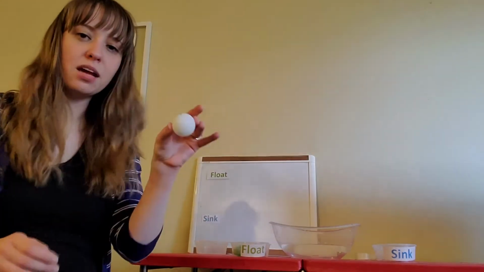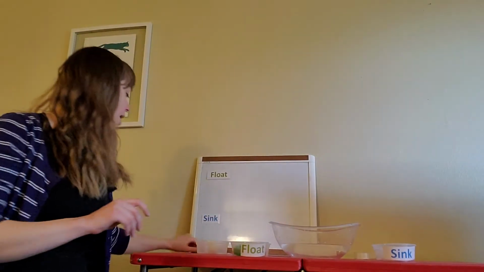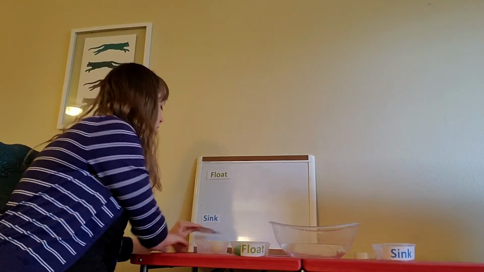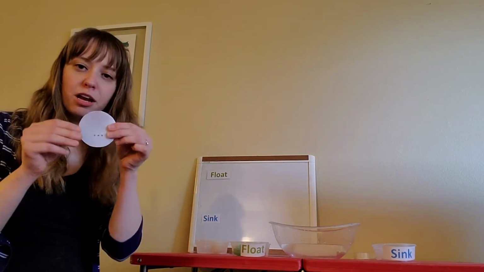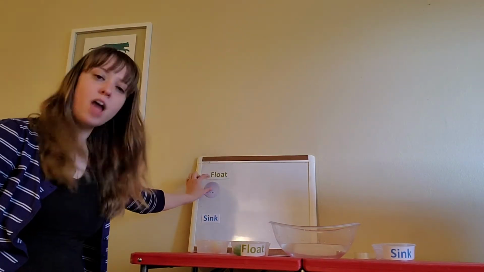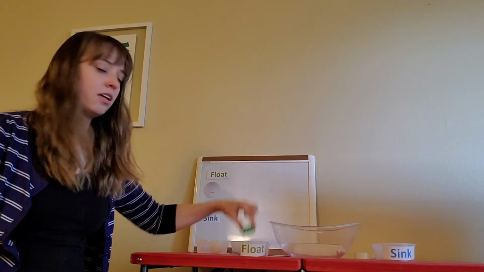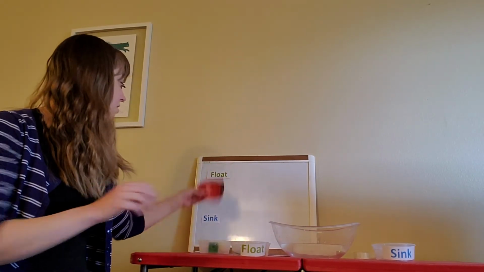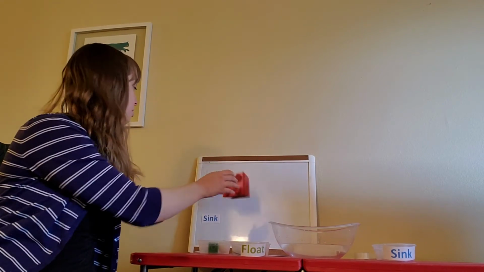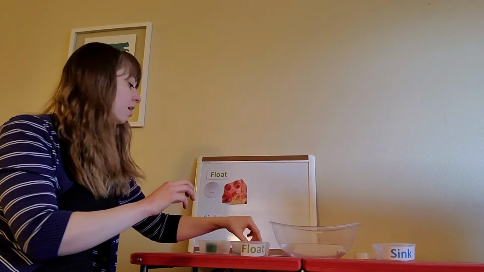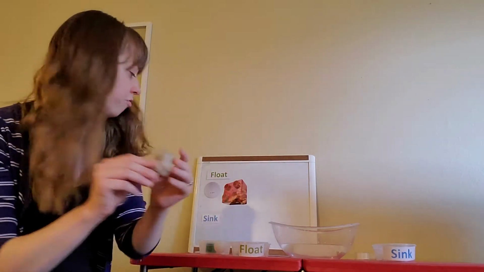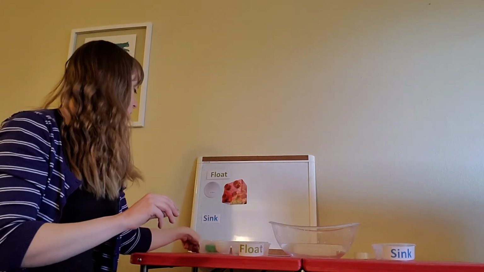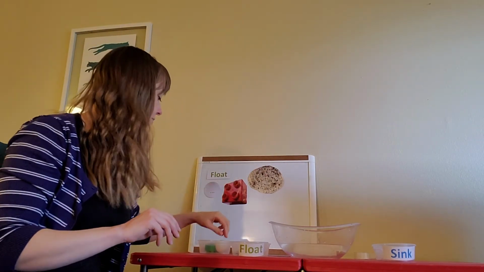So the ping pong ball floated, so I'm gonna find the ping pong ball magnet, and I'm gonna put it up here in the float category. The Lego floated, so I'll put the Lego in the float category. The pumice stone floated, so I'll put the pumice stone up.